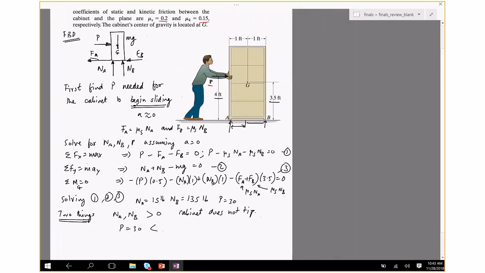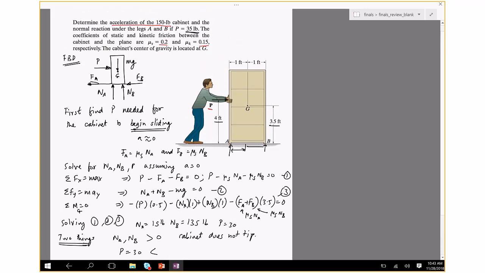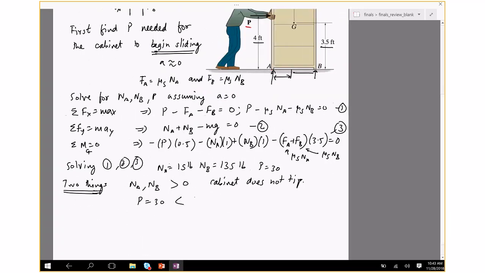The force applied is 35, the actual force. So you require a force of 30 pounds to keep the cabinet in static equilibrium when the coefficient of friction mu s prevents you from sliding it. But the force applied is greater than 30, which means the cabinet is going to slide and not be in static equilibrium.